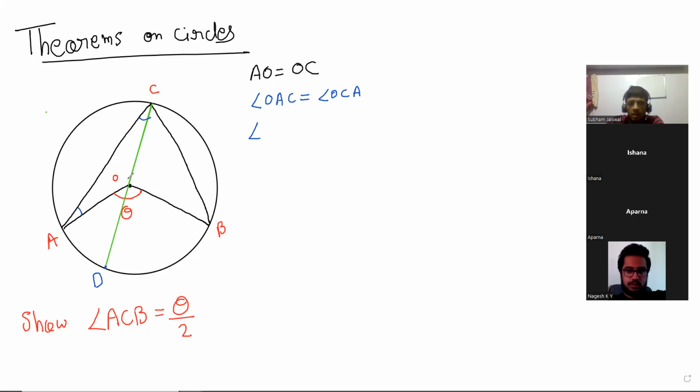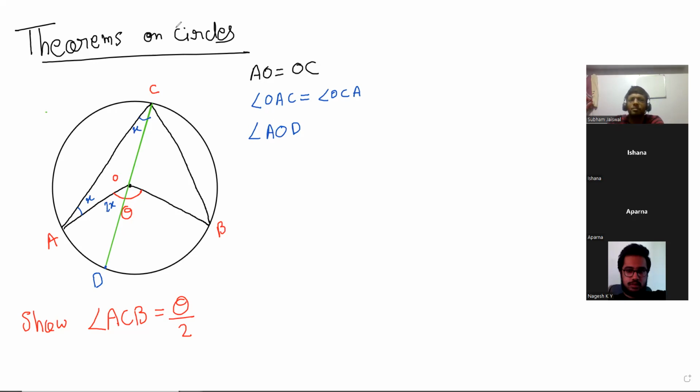That's nice. Right. So AOD will be the sum of angle OAC and OCA. This is nice.